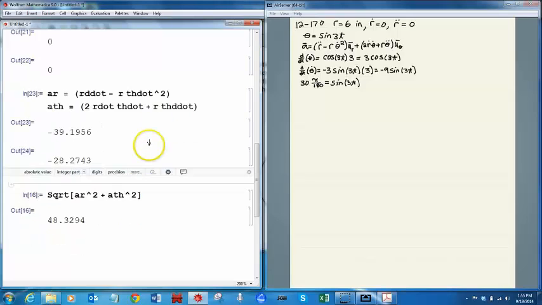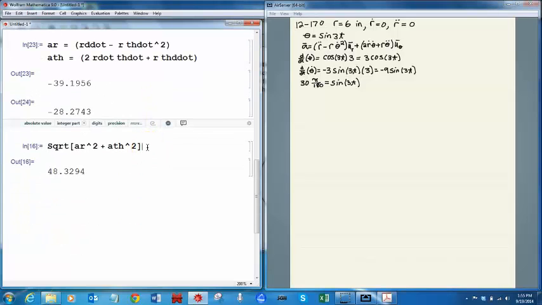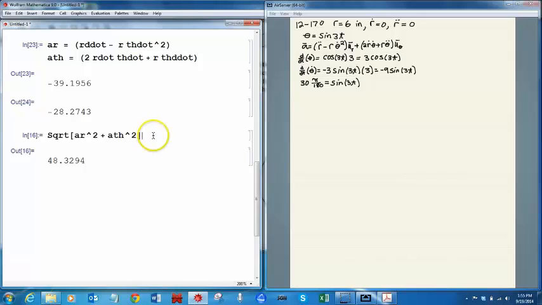These are the values that I get. They're looking for the magnitude of the acceleration. It wasn't real clear in the problem, but when I looked at what the author was really looking for, he wanted the magnitude. So here's the magnitude. It's the square root of the sum of squares, which ends up being 48.33, and this would be inches per second squared.